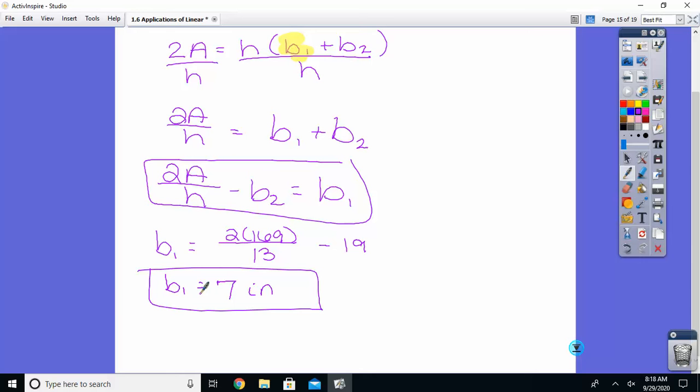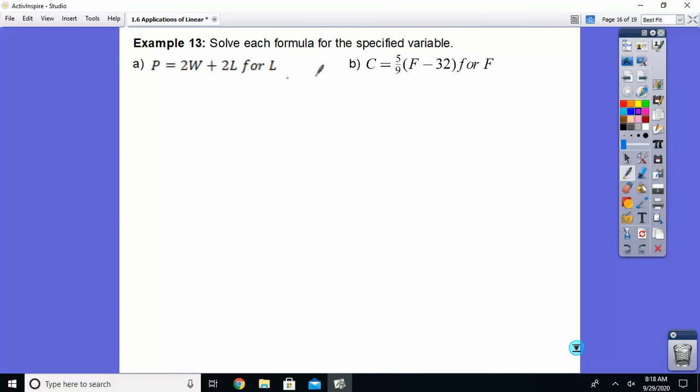Alright, I'm going to put 2 up here, and I want you guys just to try each of these, solving for the variable I asked for. The first one, I want you to get L by itself, second one, get F by itself. So the first one, you solve for L, what did you guys do first? There are 2 different routes you can take.